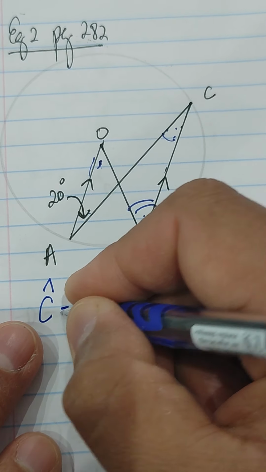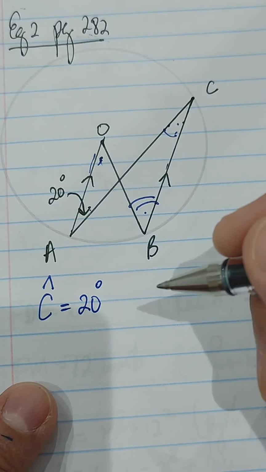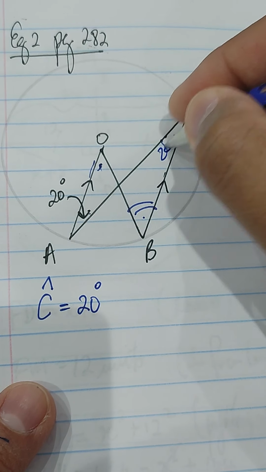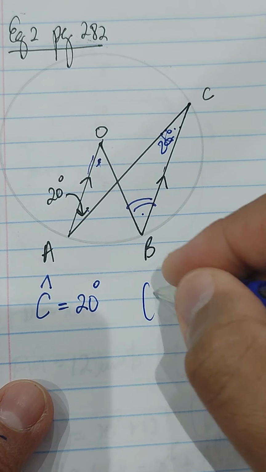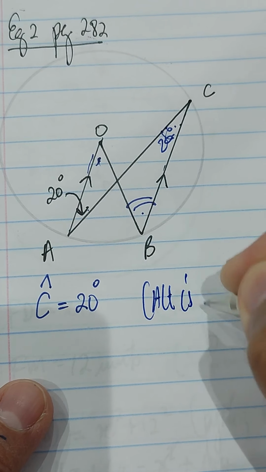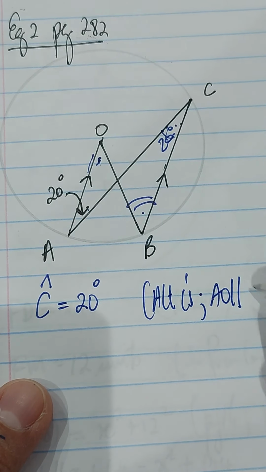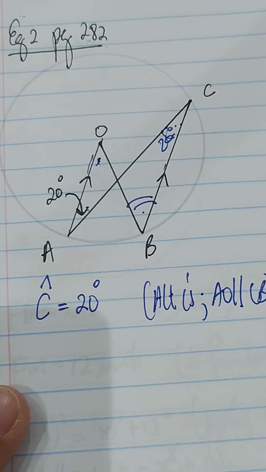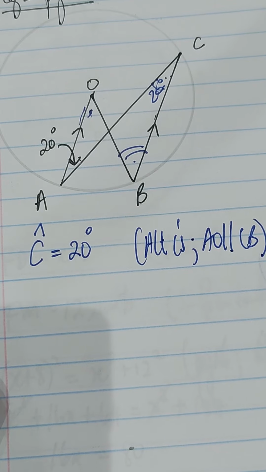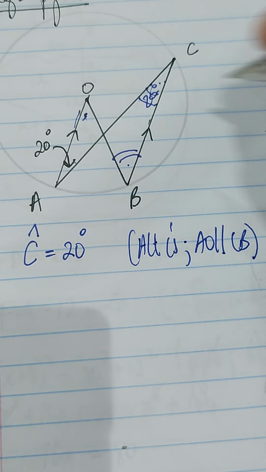Firstly, angle C is equal to 20 degrees. Why is angle C equal to 20 degrees? Because it's alternate angles, with AO being parallel to CB. So there's your 20 degrees.